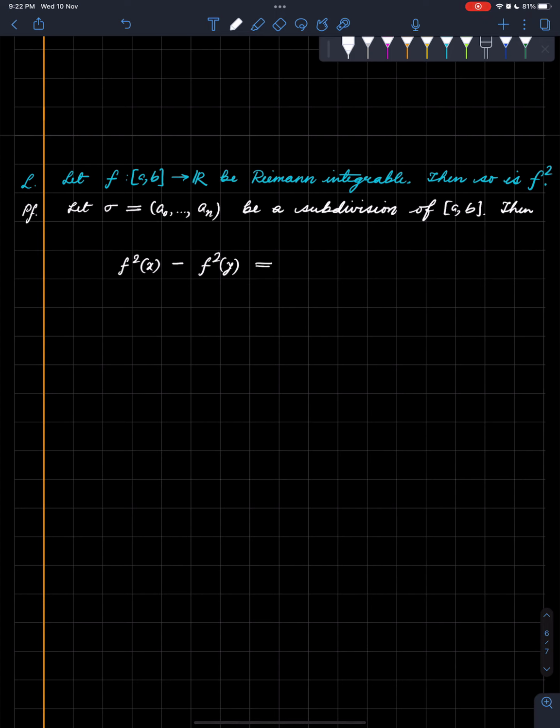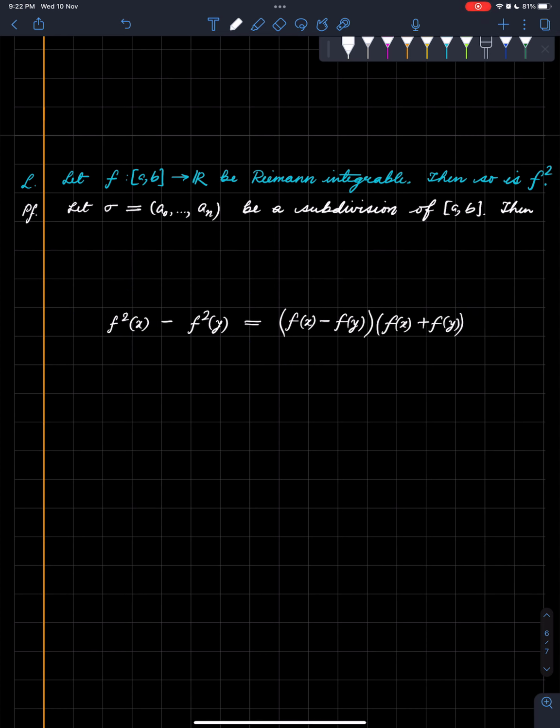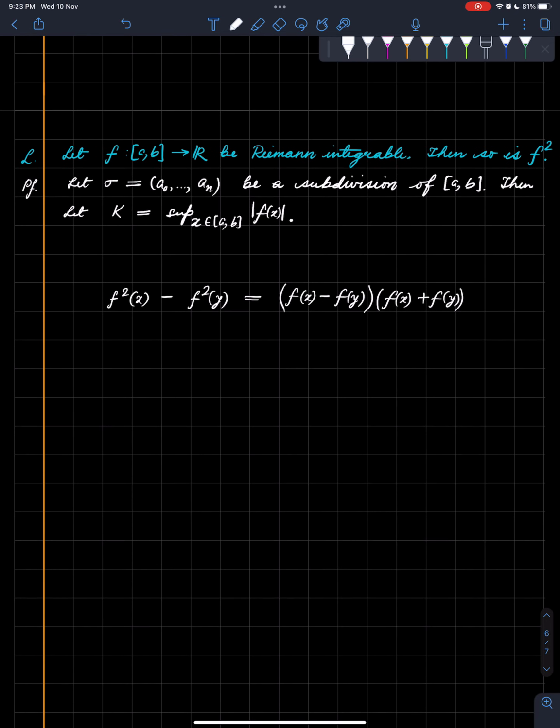So this is equal to, by high school algebra, okay, so before I write this, this is true of course, but let me say that let k equal the supremum of mod f(x) over its entire domain. So it's a number because f is a bounded function.